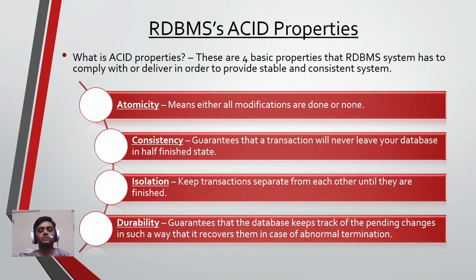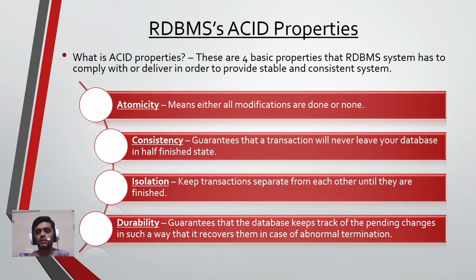If they are accessing data, this should not impact the other person. And the mechanism which comes under this is the isolation property. The isolation property states that each transaction should be running in a separate layer, separate from each other until the time they are finished, so that they do not impact each other, right? So this is the isolation property.